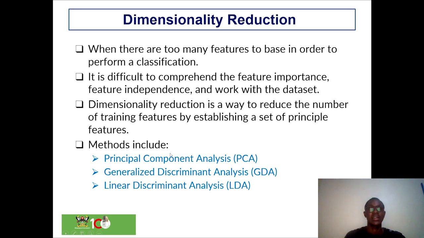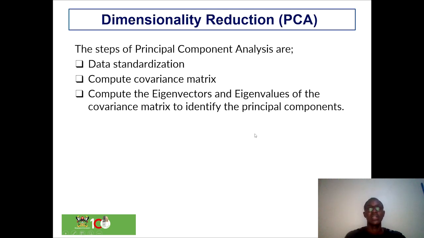So there are lots of methods. These are some of the popular ones: principal component analysis, the generalized discriminant analysis, and linear discriminant analysis. So briefly about the principal component analysis, essentially there are three main steps.